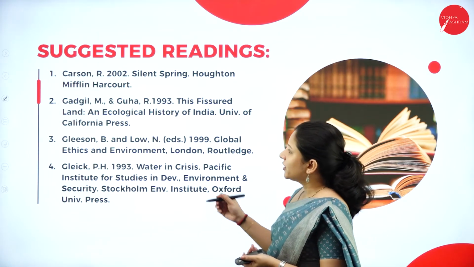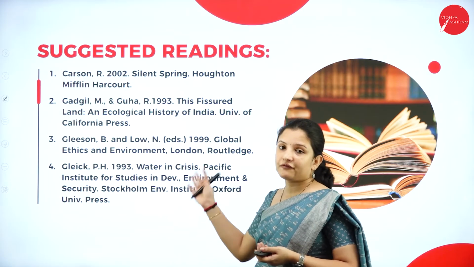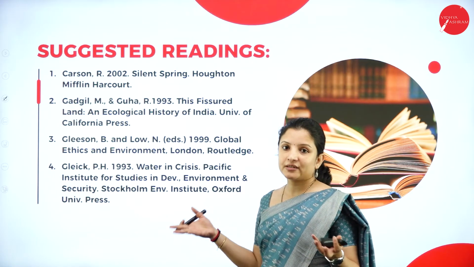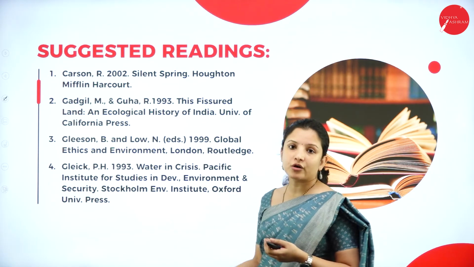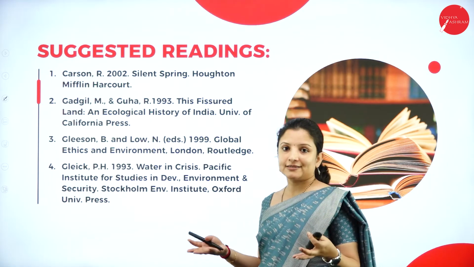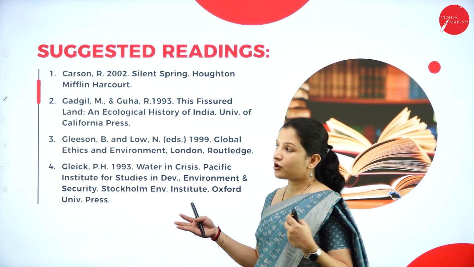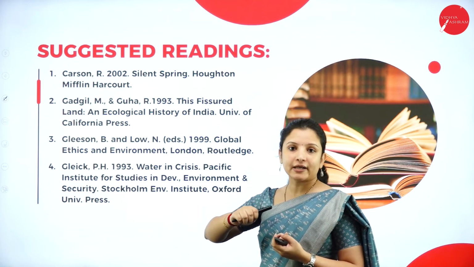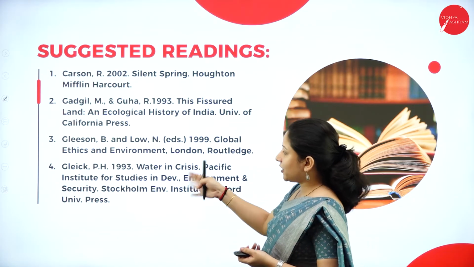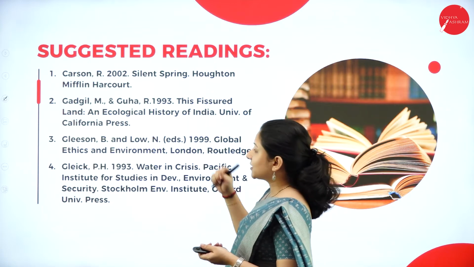There also, it's not that in one book you will get the entire topic; you will have to refer to a number of books, because the topic gets distributed based on how the author has written the book, based on what the heading of the book is. For example, if you need to search for religious ethics towards environment, and you read Silent Spring, you won't get it. So depending on what the topic is, you have to choose the book from this particular suggested readings.